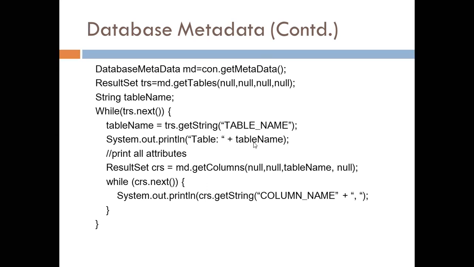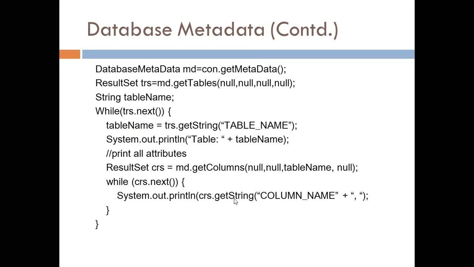If we want to get the columns of this table name, then we have to declare one more result set, crs = md.getColumns with the table name. The table name we got in the first iteration, the same name you pass over here. The third argument should be the table name, and the other three will be null. Then for the first table we extracted and stored in this variable, all the column names will be extracted.